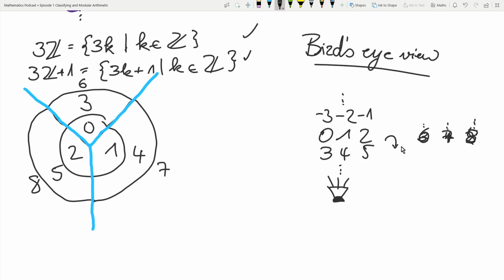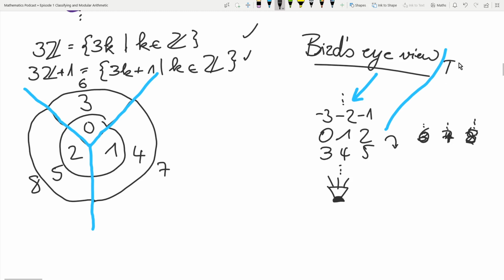This is a neat little thing that wouldn't necessarily be connected to the bird's eye view here. Sorry, this got a bit messy. This would be a front view. I should write this here.